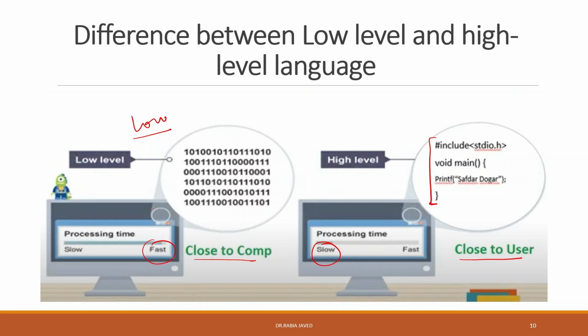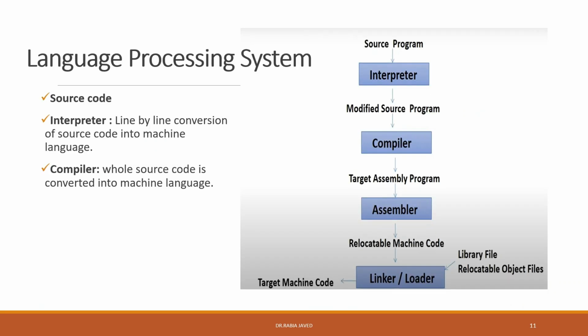For low level language, we don't have to use any sort of translator, assembler, or compiler. But in high level language, we do need to use an assembler, compiler, or interpreter to translate it, so the computer can understand how the language works and how the instructions are going into the computer.